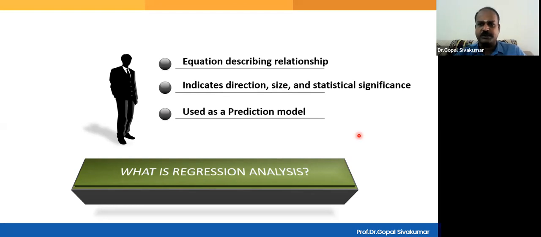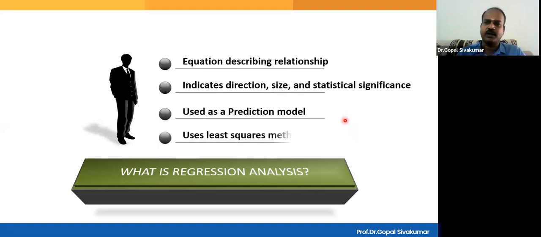You have a set of experimental values of x as well as y. If you want to know the value of y for a new value of x, then you can use the regression equation as a prediction model. But there are certain conditions; only when those conditions are satisfied can you use the regression model as a prediction model, otherwise not.